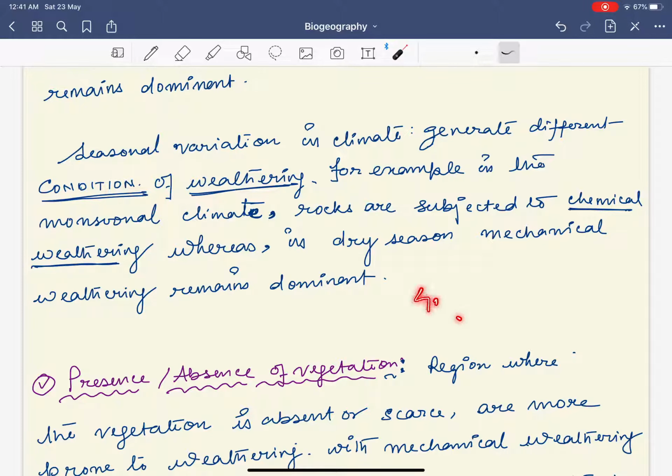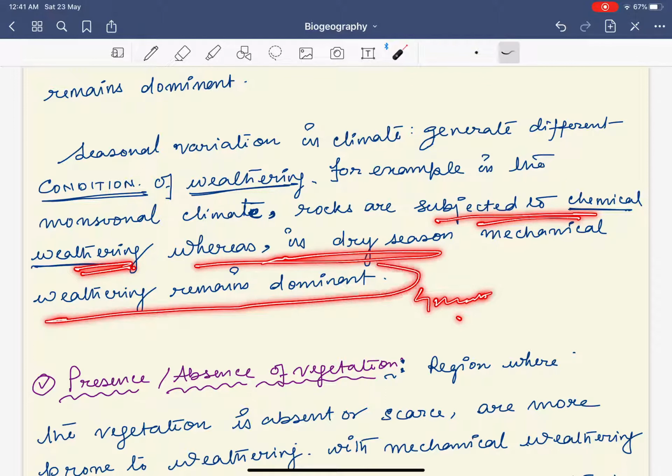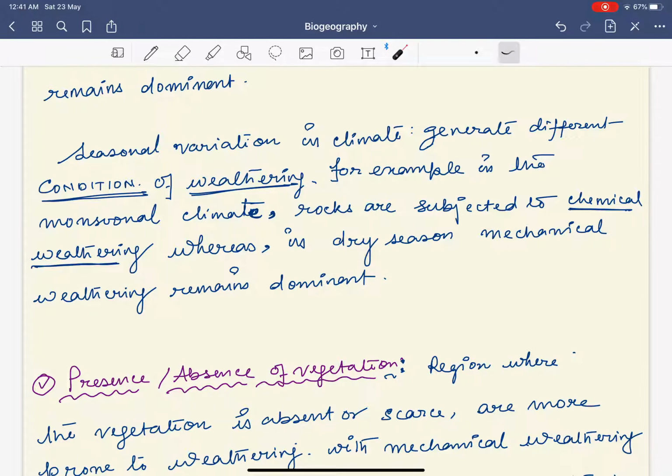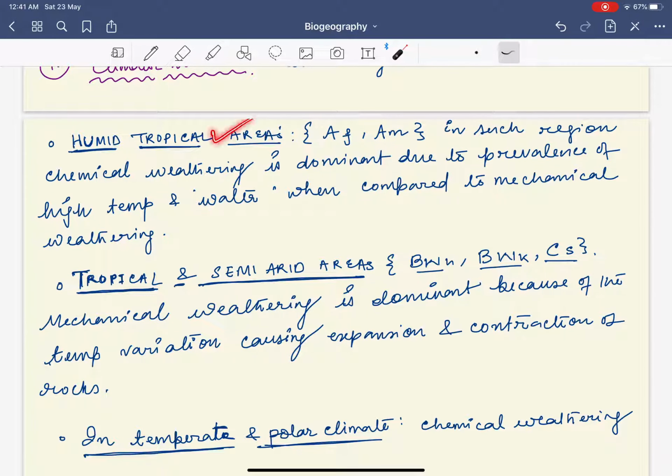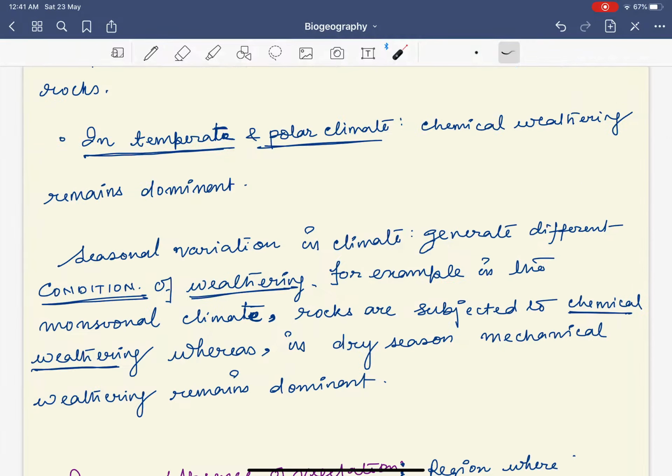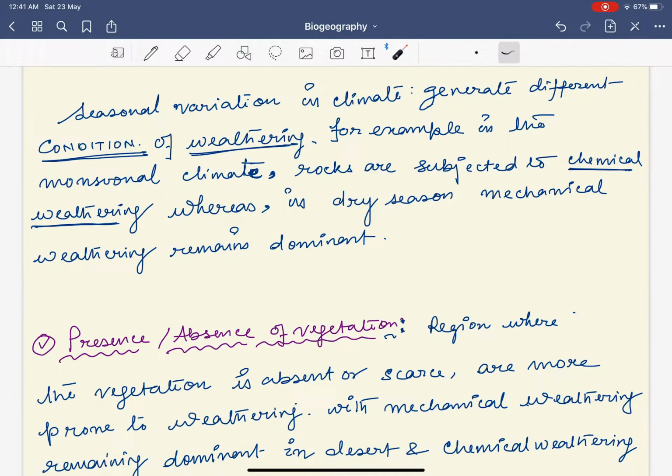Within this period, the rocks are subjected to weathering. Whereas in the dry season, what will remain dominant? It's none other than mechanical weathering. Hence, you can see that the variation in the climate, from the humid tropical to semi-arid to temperate to polar climate, as well as the seasonal variation of the climate, is basically responsible for the weathering.